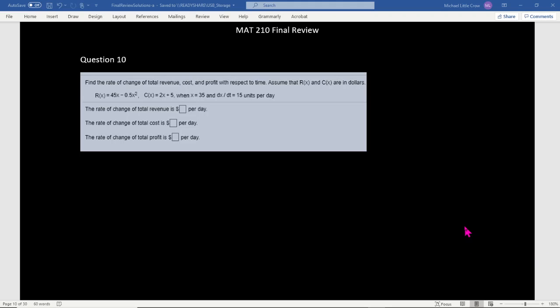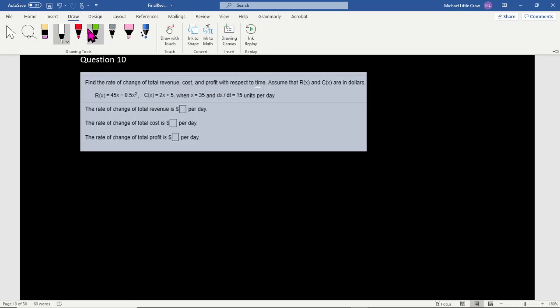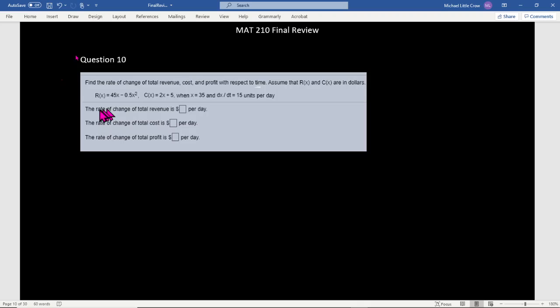Okay, question 10 is a related rates problem, finding the rate of change of total revenue, cost, and profit with respect to time. So time is that sort of invisible variable that doesn't seem to be there but is there. We're given that we're looking for the derivative when x is 35 and dx/dt is 15.